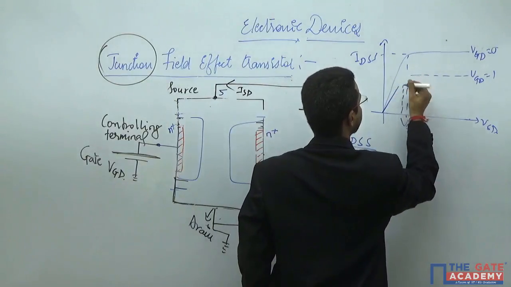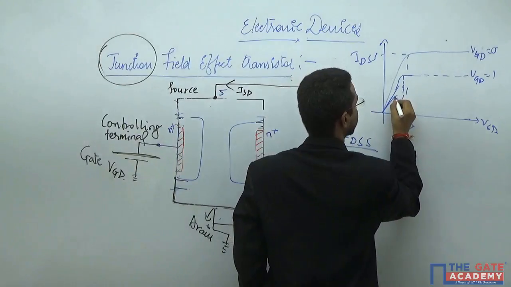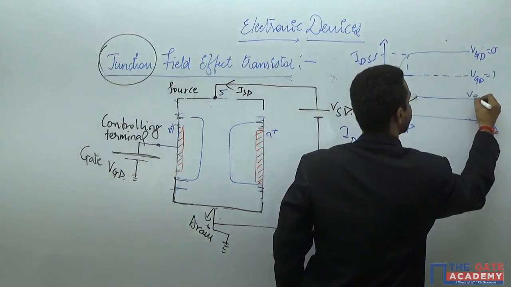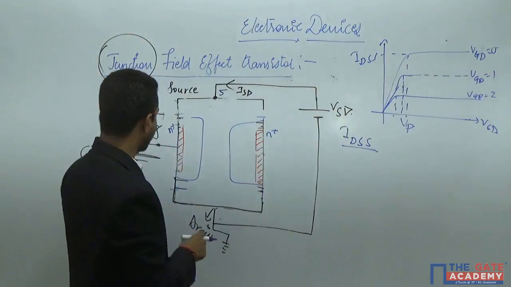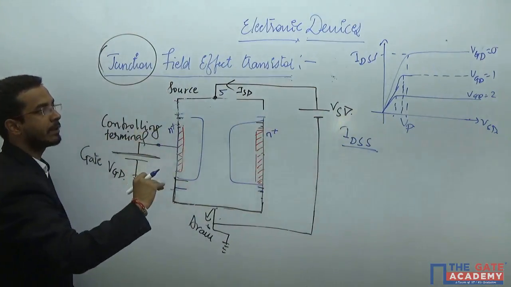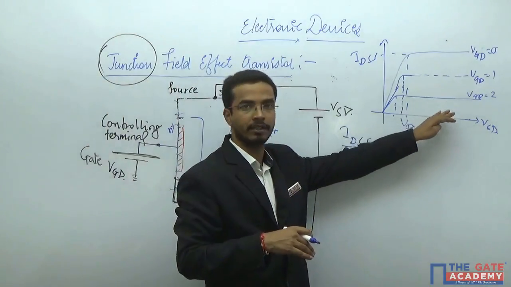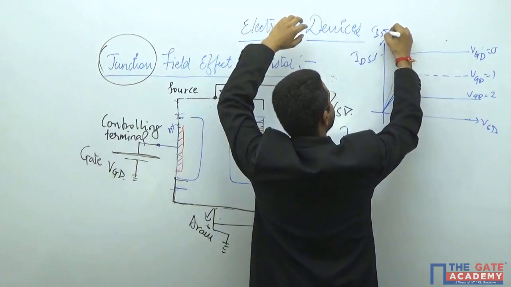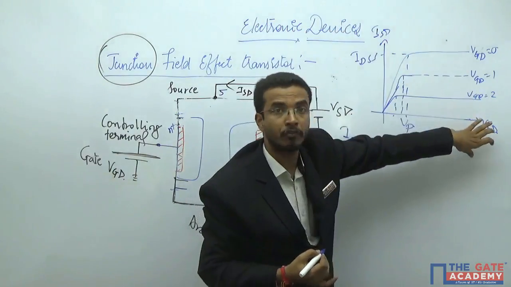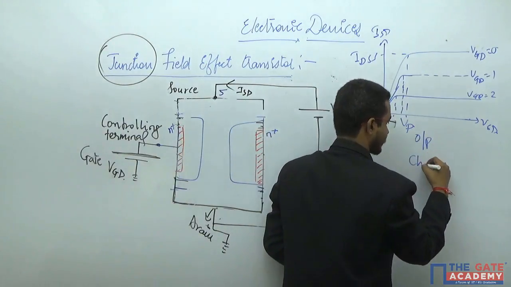And for the third case, VGD is equal to 2 and the pinch off will be something here. So as you keep on increasing this, the pinch off voltage will keep on decreasing, as well as the device current. This is ISD, the output current, versus the output voltage. That is why this is known as the output characteristic.